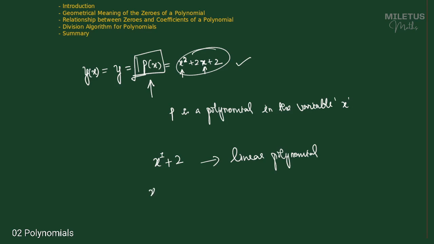Suppose we have a similar polynomial like x square plus 2x plus 3. Now we have a power term which is 2 on top of it. So we're going to call this particular polynomial a quadratic polynomial.